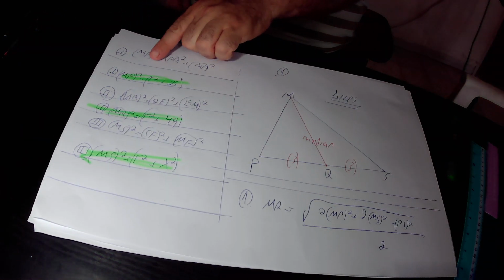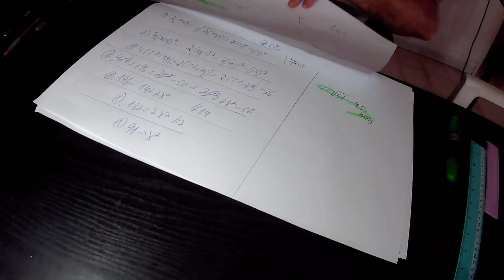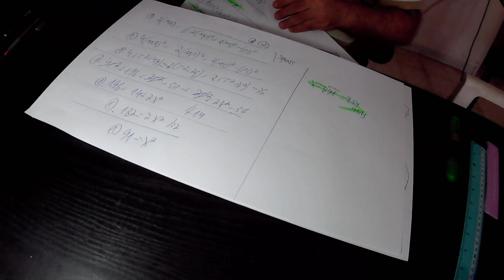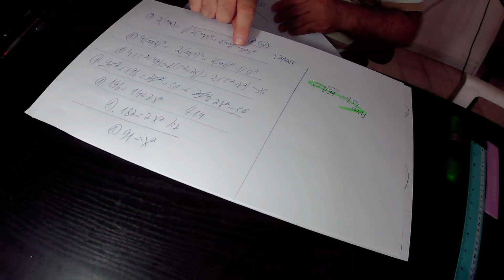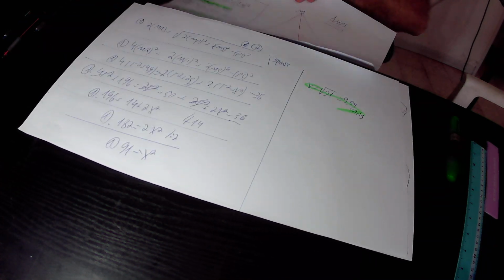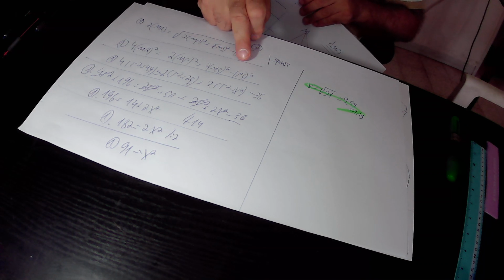According to equation 1, MP squared equals R squared plus 25. Therefore, we substitute MP squared here by R squared plus 25, and we also have 2MS squared. According to equation 3, MS squared equals R squared plus X squared. Therefore, we substitute MS squared by R squared plus X squared, and we also have minus PS squared.